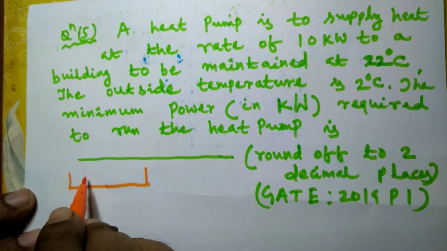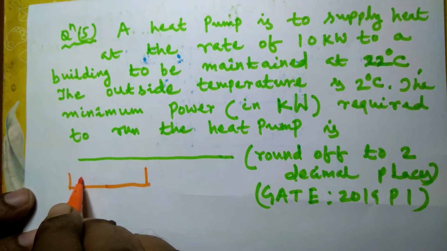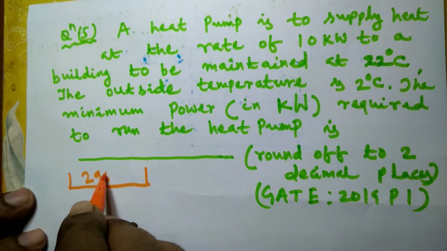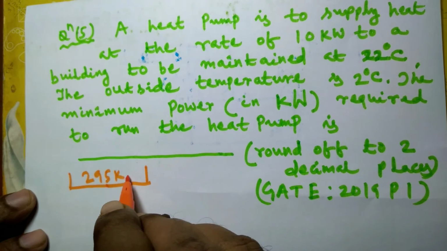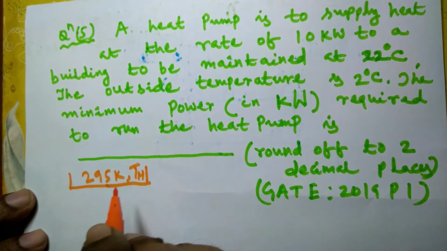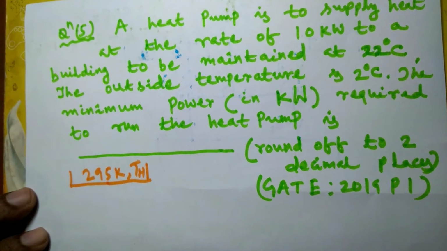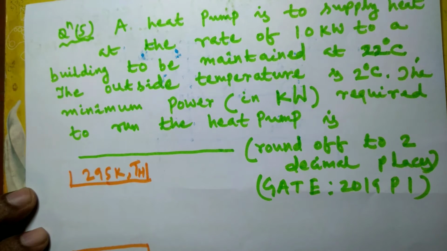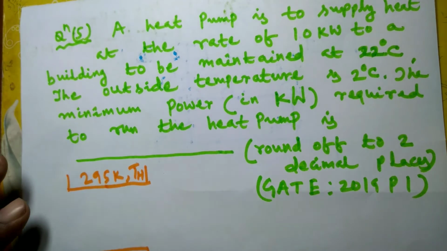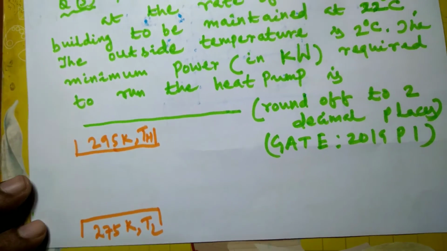That is in terms of Kelvin, 273 plus 22, that is 295 Kelvin. This is TH. And the surrounding outside is at 2 degrees Celsius, that is 275 Kelvin. The minimum power in kilowatt required to run the heat pump.